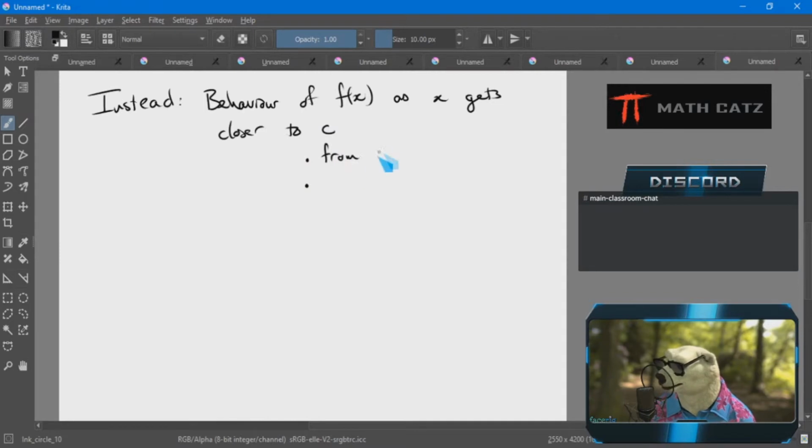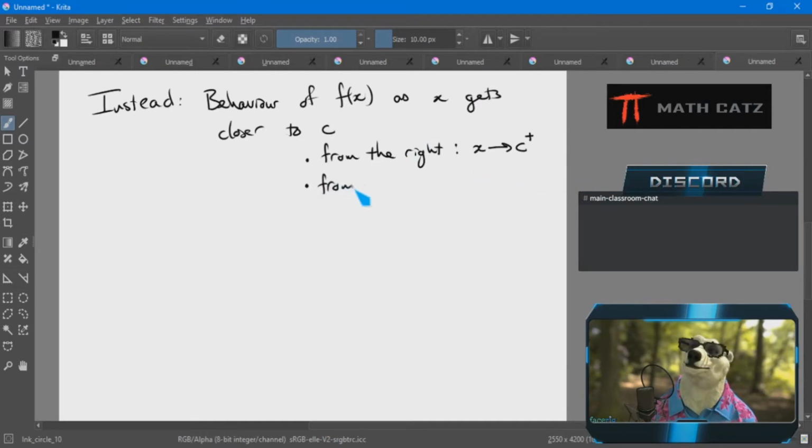I might want to ask, I want to get closer to c just from the right. And then what we're going to do is we're going to let x approach c. We're going to put a little plus there to indicate that I'm not coming towards c from around c. I don't care if the function's defined around it. I'm only interested in the right side.